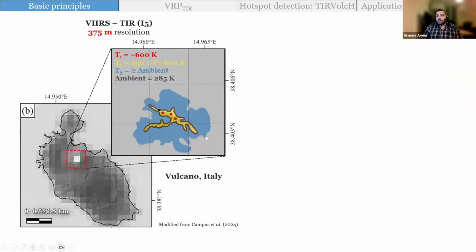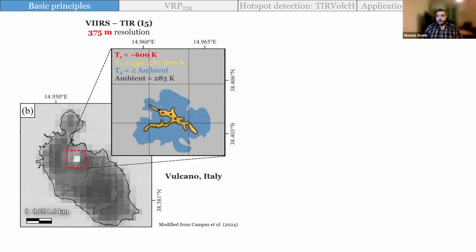So what I did, I took this 3x3 box. This is the VIIRS thermal infrared imagery, 375 meters per pixel. And I was just checking what a volcanic fumarolic field would look like if we put it there.